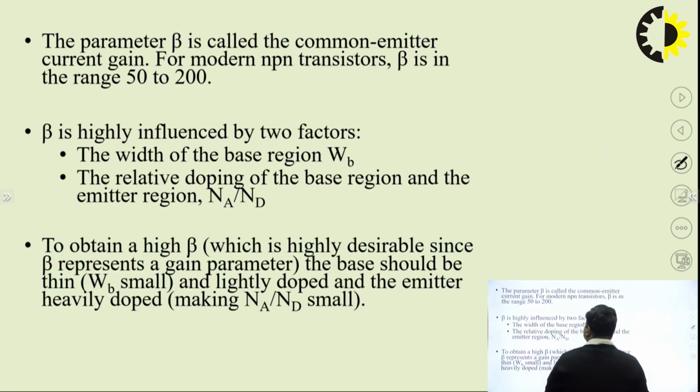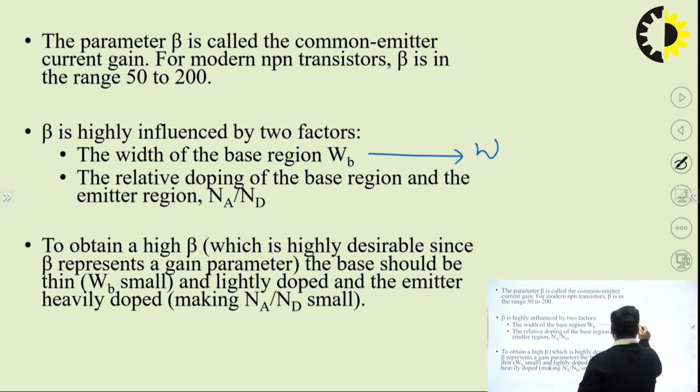Now, to increase beta and maximize efficiency, as already discussed, WB should be less than the diffusion length of the injected carriers. In NPN, WB should be less than Ln.